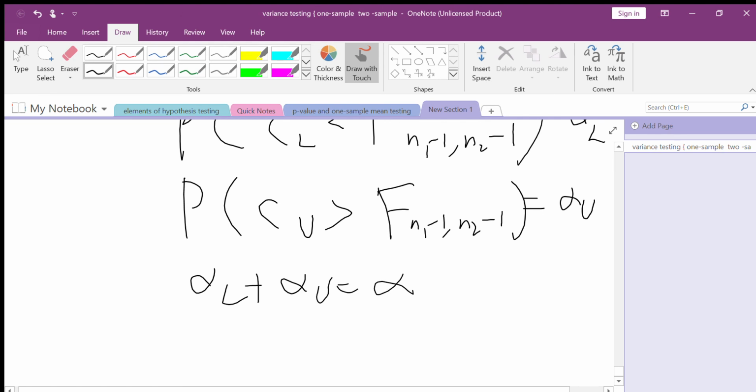In practice we often set alpha U equals alpha L equals alpha over 2.